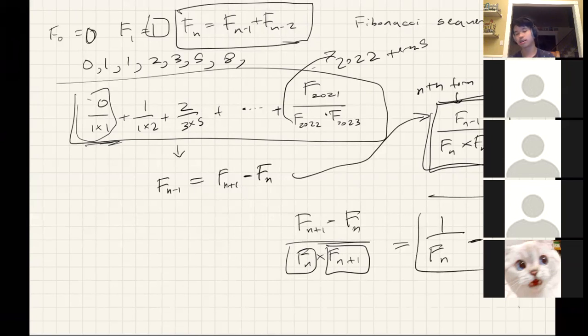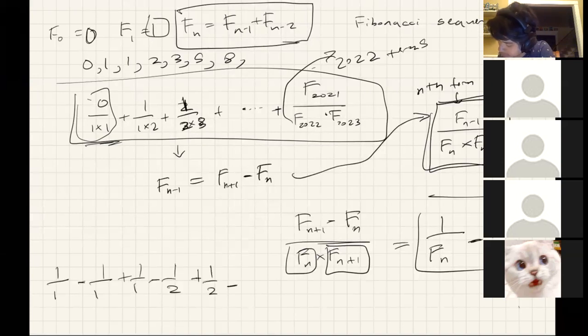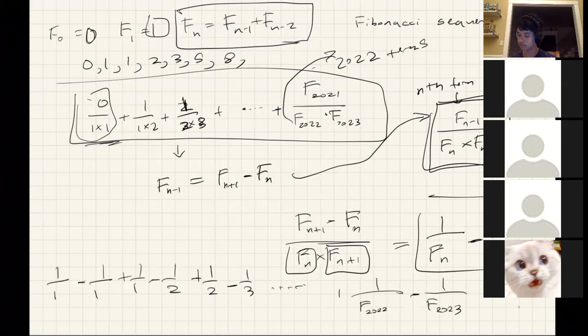From there, you can see that most of our terms telescope. We're going to have 1 over 1 minus 1 over 1 plus 1 over 1. Oops, I skipped the term, didn't I? Okay. Plus 1 over 2 minus 1 over 3, and so on.